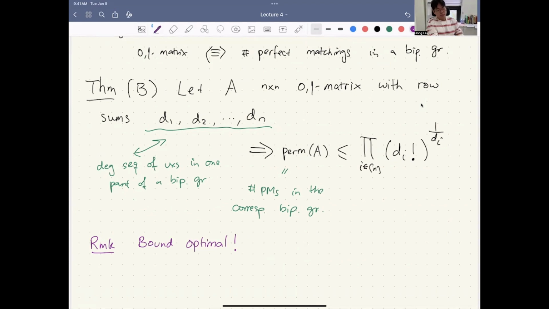Well, the typical example is: you assume D divides N, it's a divisor of N, and consider an M by N bipartite graph, which is a disjoint union of N over D copies of K_{D,D}.